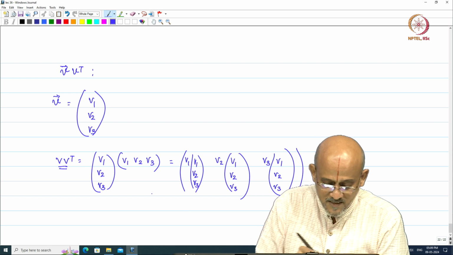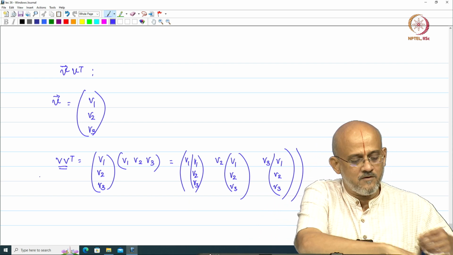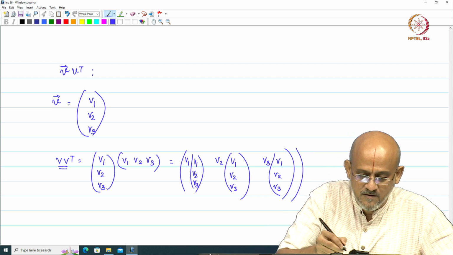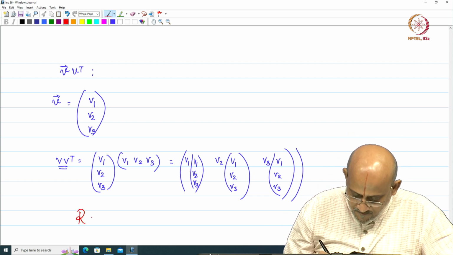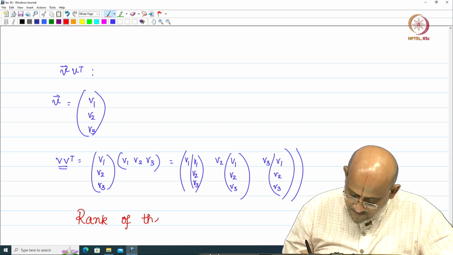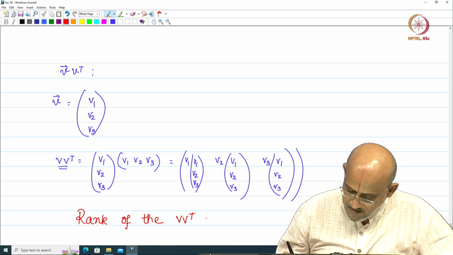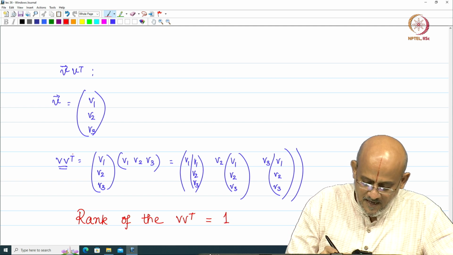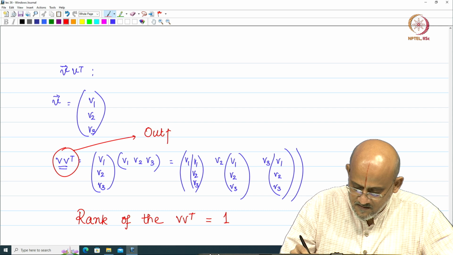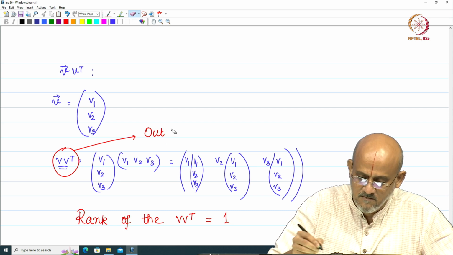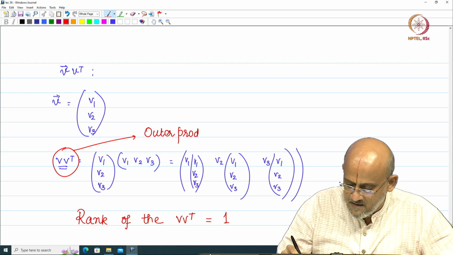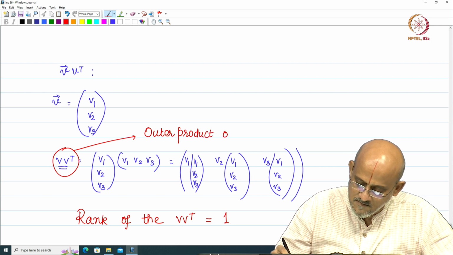Therefore the rank of this matrix, look at this, is basically a 3 by 3 matrix. The rank of the matrix v v transpose is always 1, and this is basically what we call the outer product of two vectors.